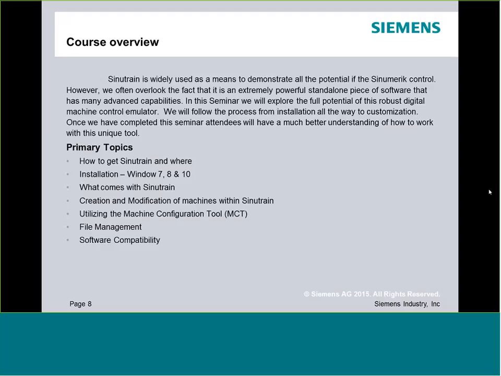First, how do I get it? And what do I get? What are my different options as far as what we're getting? How do I apply it or install it physically on a machine? Once we get it all set up, we're going to talk about some additional features like our machine configuration tool. We're going to talk about creating machines, modifying machines. I'm going to give you some tips and tricks on how to better take advantage of this type of system.